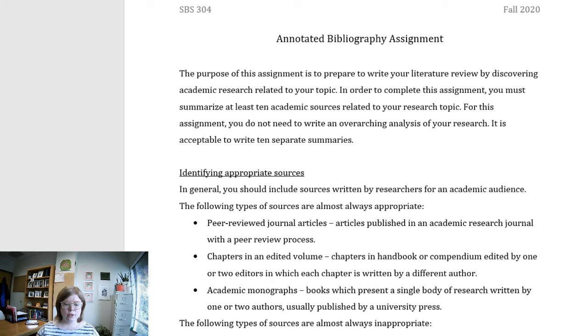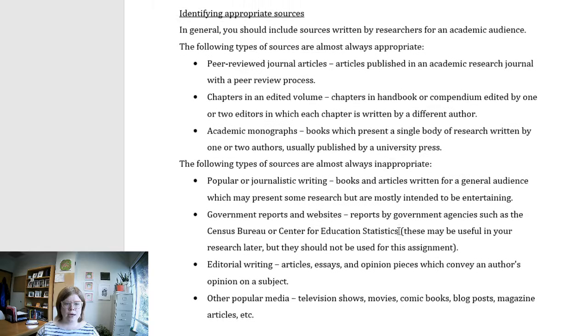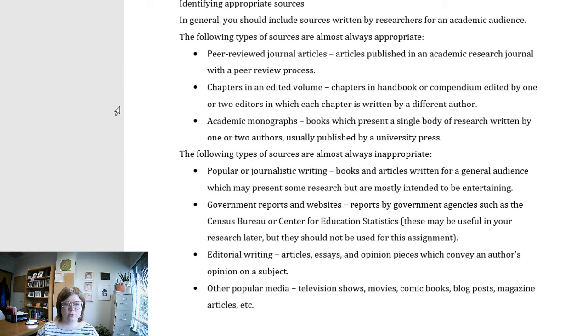So to help you identify sources that are appropriate, I've listed some types of sources that are almost always appropriate. These include peer-reviewed journal articles, which are articles published in an academic research journal with a peer review process.